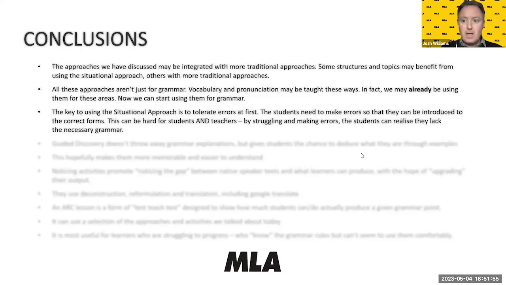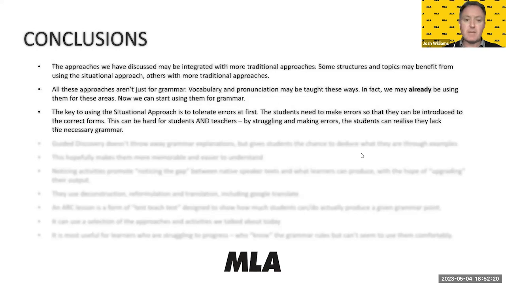Okay? The key to using this approach is to tolerate the errors. The students will make errors, and you need to be careful, because we're reversing the order, we're not giving them the form and the rules first. You need to be tolerant with errors, because it's normal that they'll make errors the first time, because they don't know how to do it.